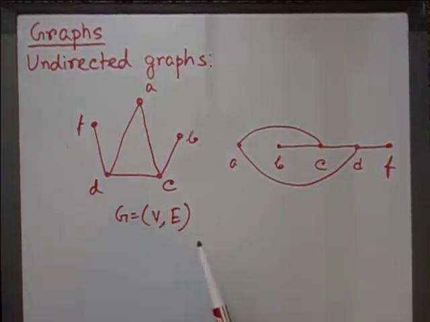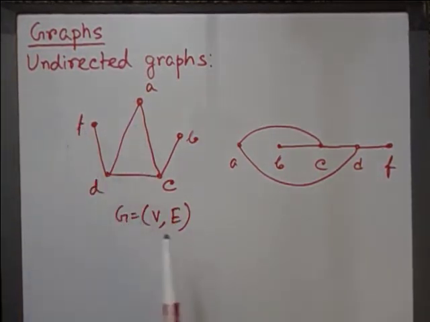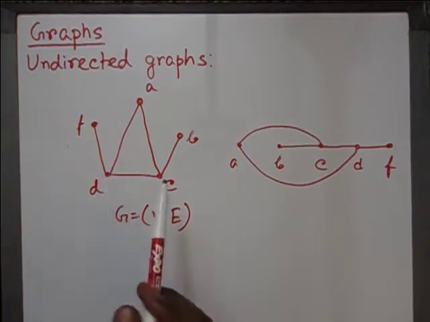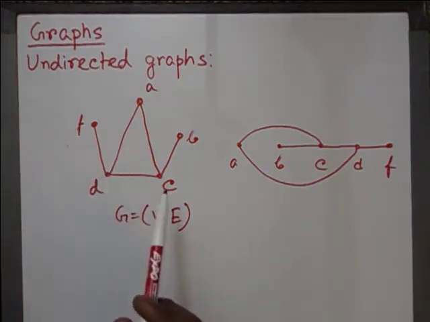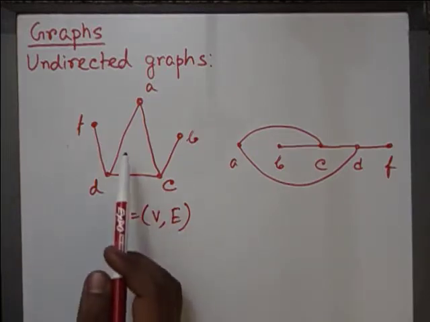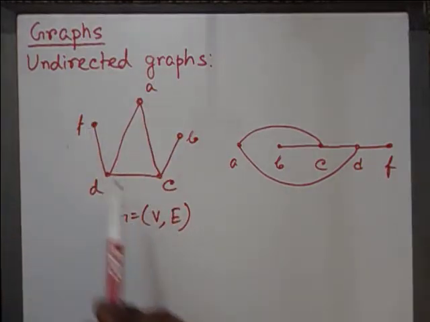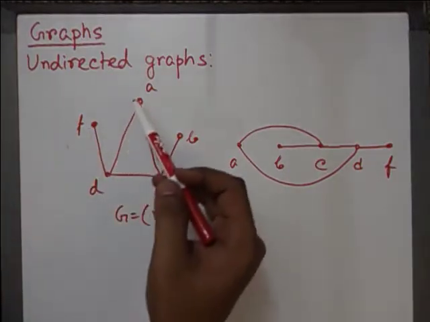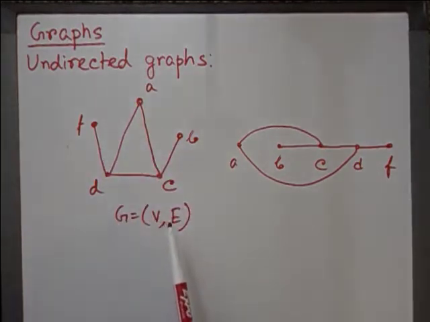You can use it to model road networks. So these are cities and there are highways in between them, or these are junctions inside one city and these are the roads. You can model them for airline routes. So these vertices are airports, and if there is a flight between them, you can put an edge.